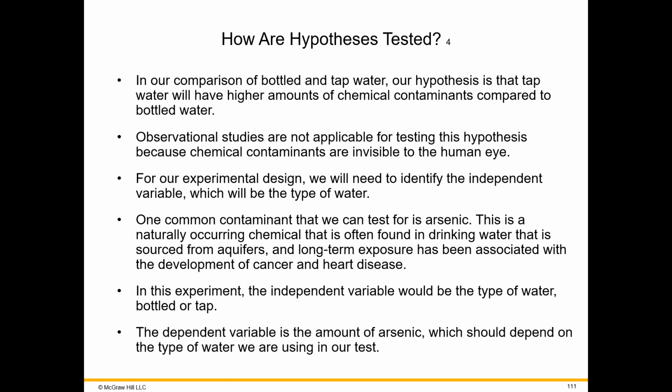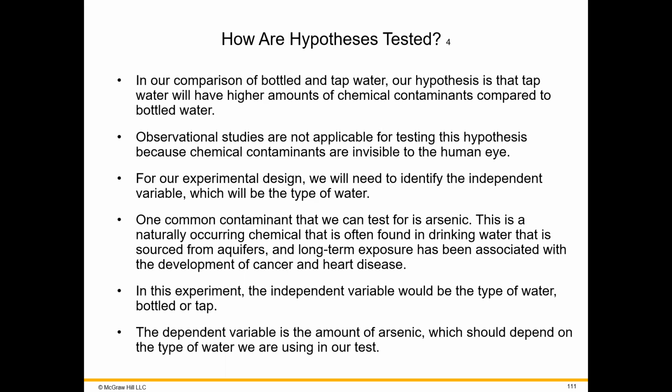So, in the experiment, the independent variable would be the actual type of water, whether it's bottled or tap. And then the dependent variable would be the amount of arsenic, which would depend, right, on the independent variable, which is the type of water. So I hope this starts making sense.